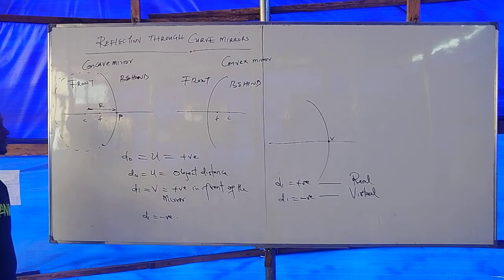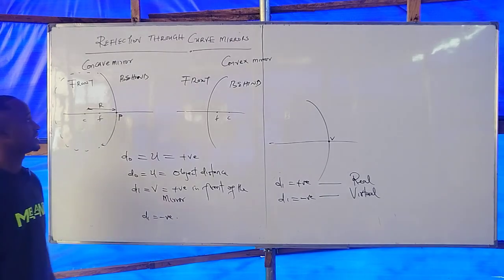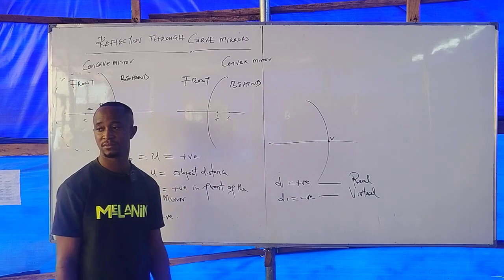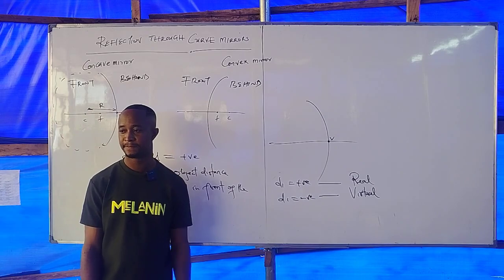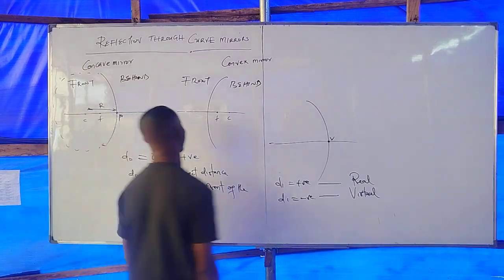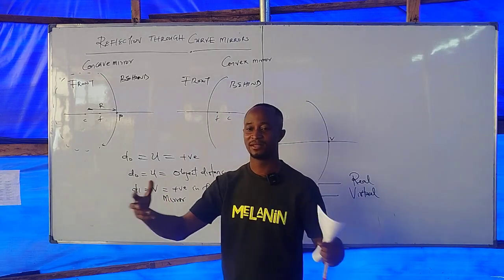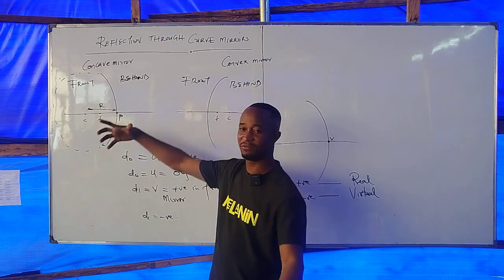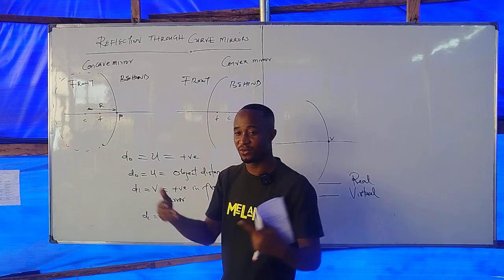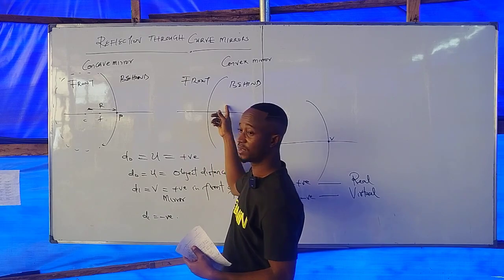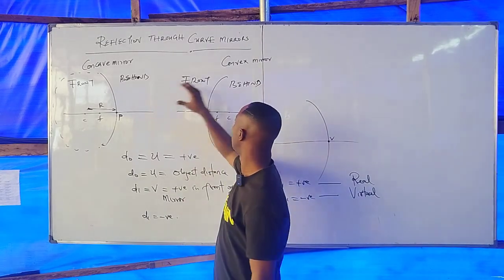Who can tell me one striking difference between concave mirror and convex mirror? Yeah, correct. I was even thinking you'd talk about the rays of light. Concave mirror converges rays of light into the focus, while convex diverges. That is one of the striking differences between concave mirror and convex mirror.